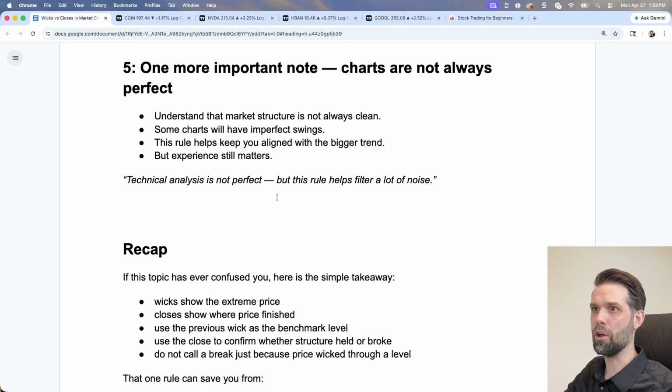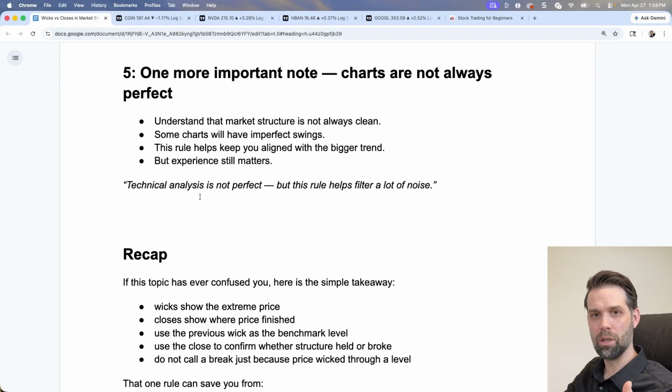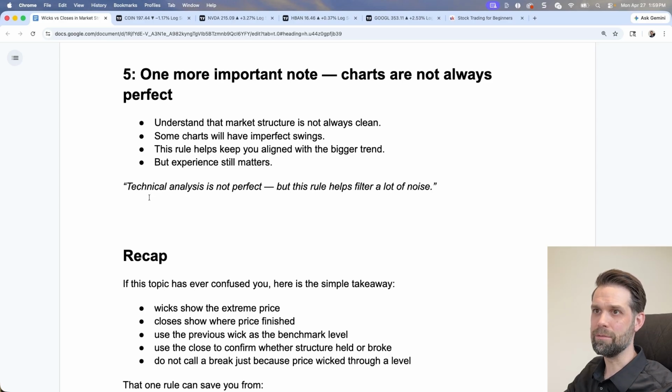Now, one important other note is that the charts can be messy. We've looked at some examples here. You'll notice there's some wicks, some signs of changes, signs of breaks of structure, but then we get a sell-off by the end of the week and we just get a wick. So market structure is not always super clean, like we see on some diagrams with perfect triangles up and to the right.